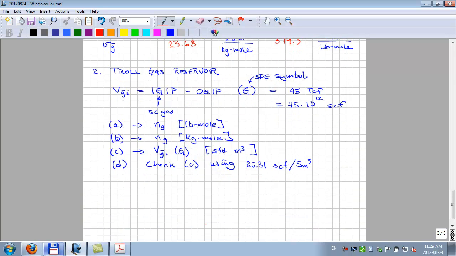So now we want to convert from this standard volume to moles. So how do we do that?